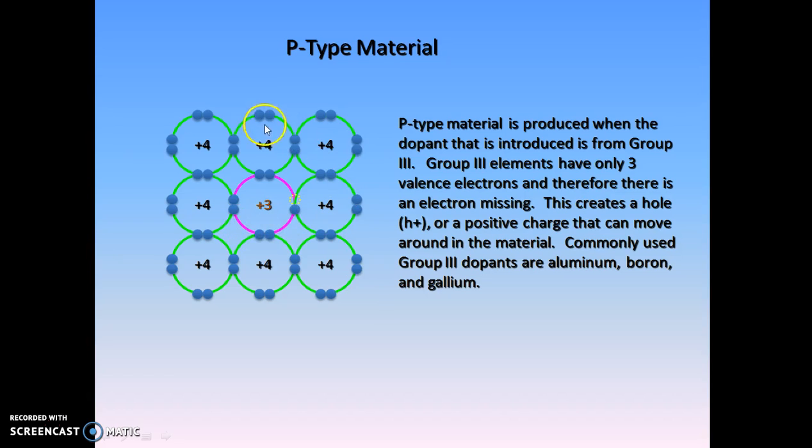So there is an excess of holes or positively charged carriers. In this way, P type material can be created. The group 3 dopants are aluminium, boron, gallium, etc.